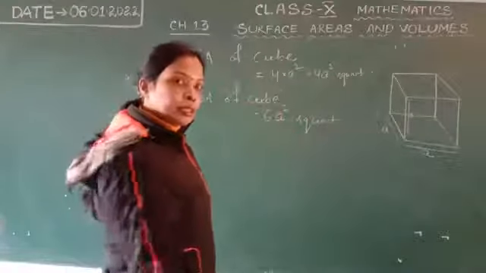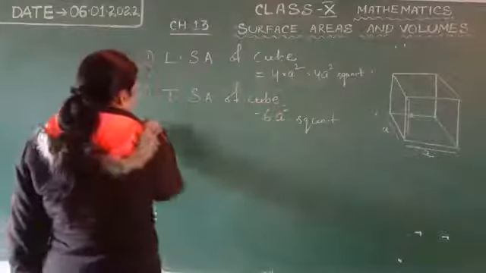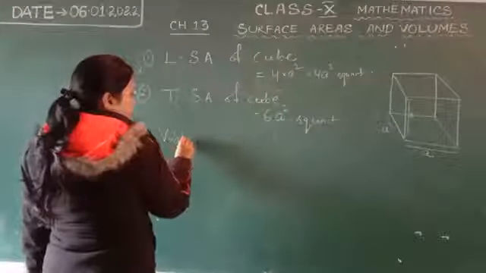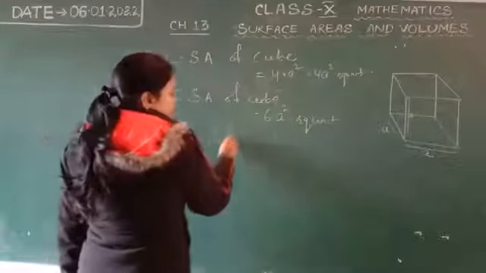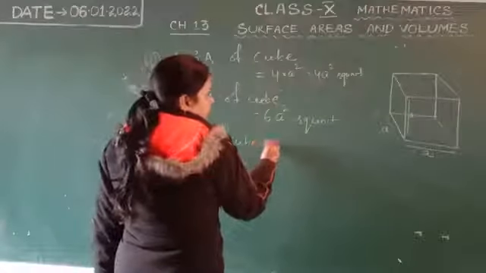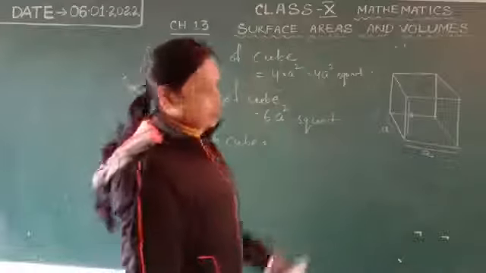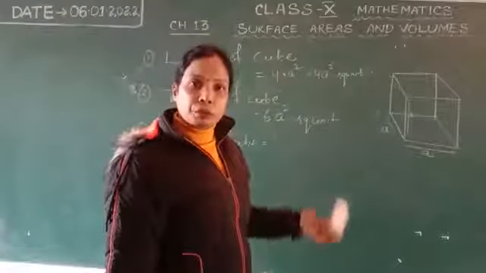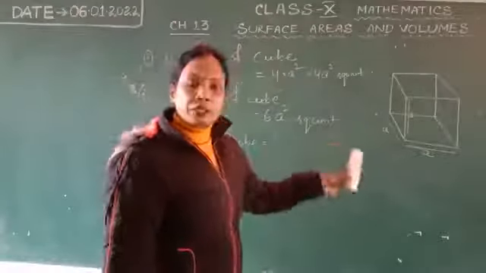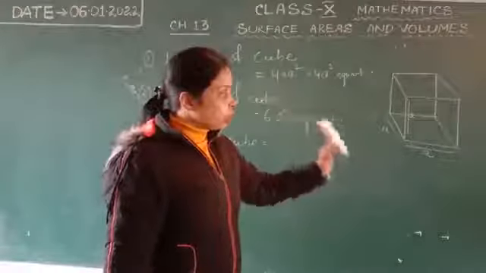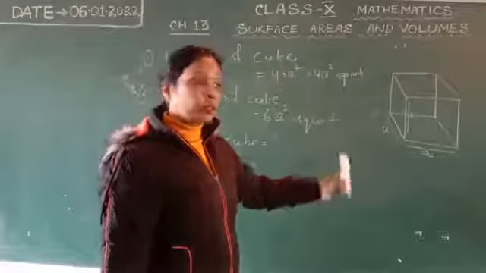Okay. Then the third one, now the volume of a cube. The volume of a cube is equal to, similarly as in a cuboid, length into breadth into height. Here also the same, length into breadth into height. Here length, breadth and height, all three are equal.